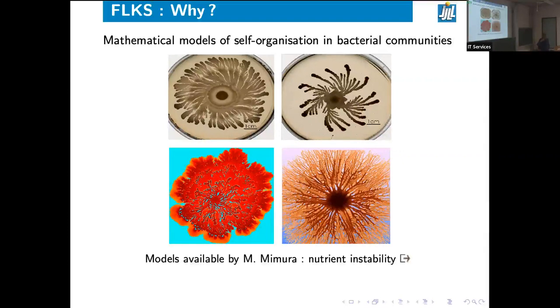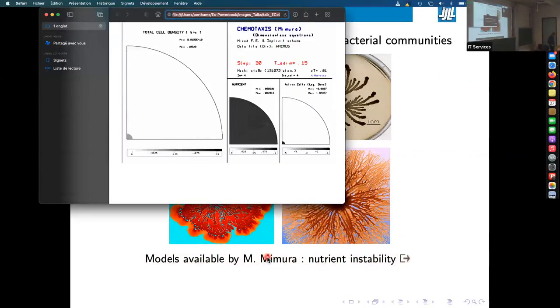So they have ways to communicate in such a way that they can find food in a much more efficient way than if they had a spherical wave. So you see this kind of pattern. It's been maybe 40 years since we have mathematical models which represent that.